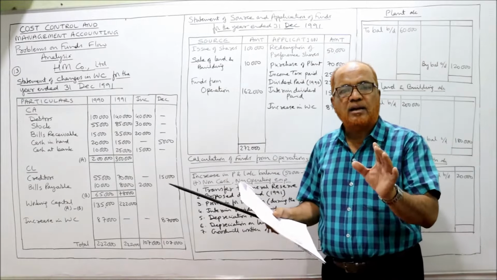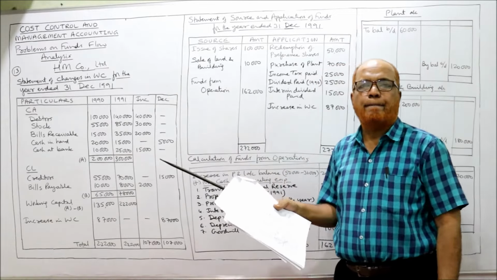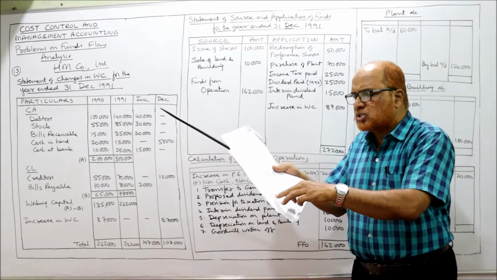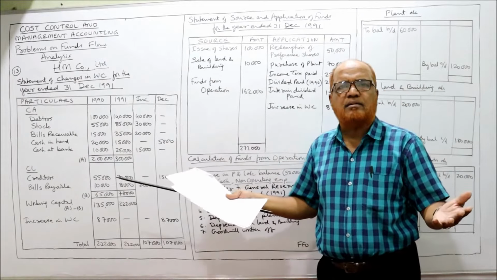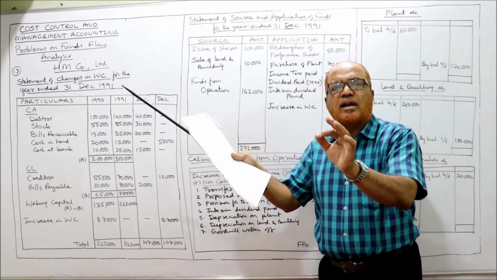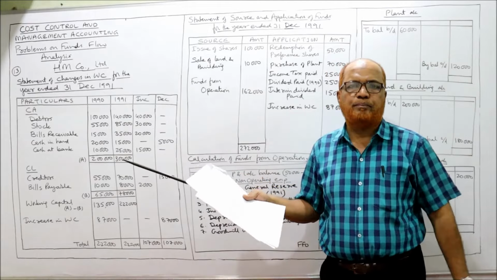So only current liability I am taking, that is sundry creditors and bills payable. If you want to treat proposed dividend and provision for taxation as current liability, you can take it. You can take. Then in that case, whatever adjustment is given, interim dividend and provision for tax, that should be ignored.